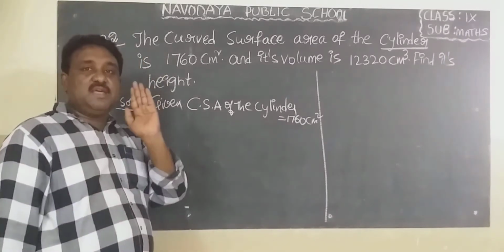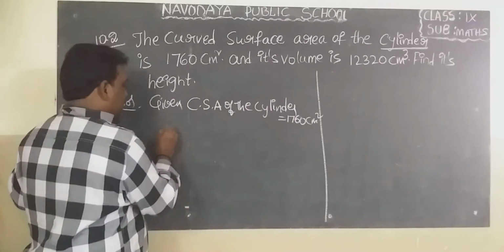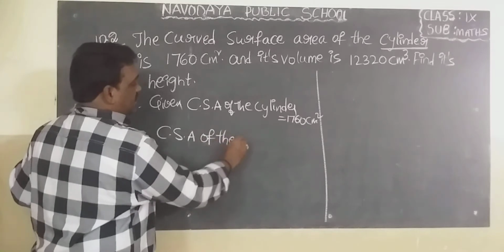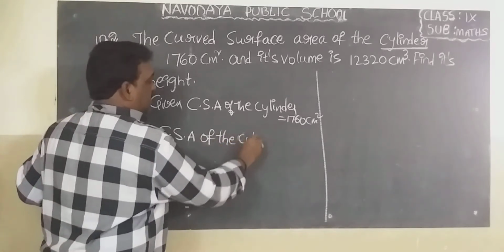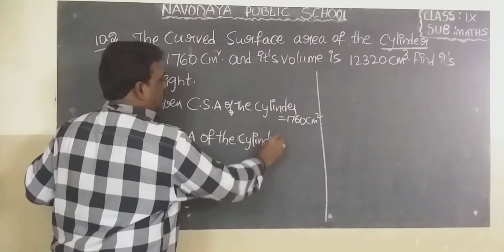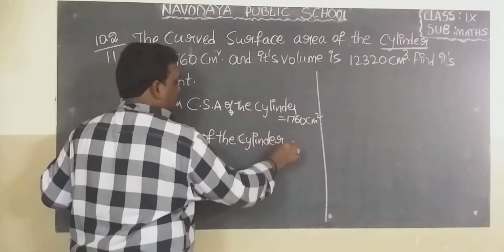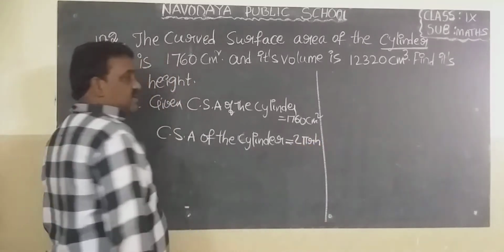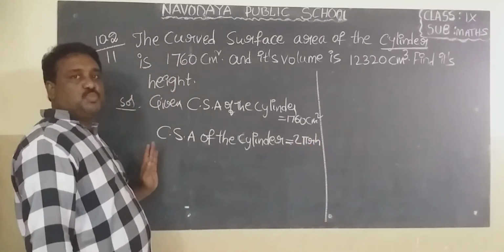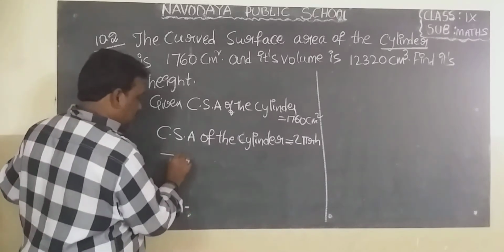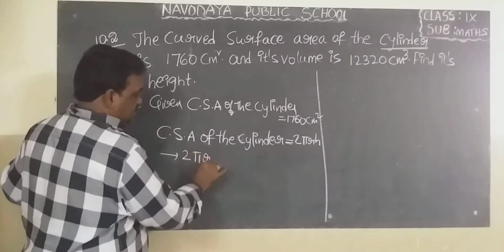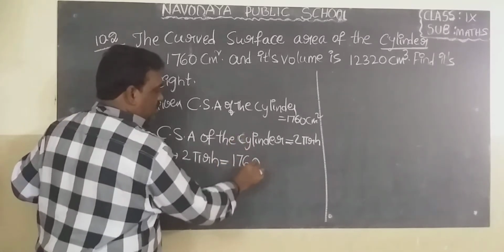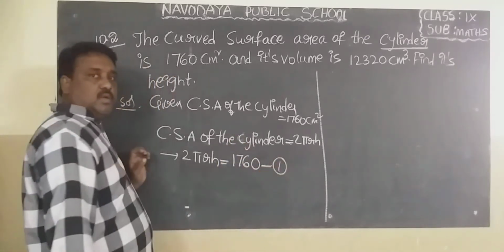What is the formula for the CSA of the cylinder? 2 pi r h. This implies 2 pi r h equals 1760. Equation 1.